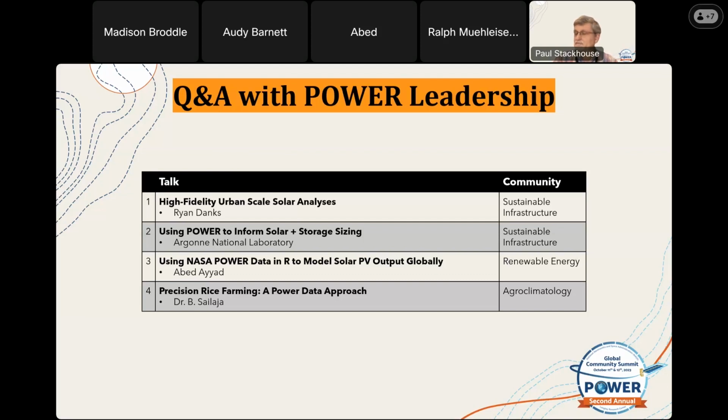Yes, Abed. So if I may, at least in the past, I haven't used this one in a while, but there used to be an optimal tilt for solar panels. And if I'm not mistaken, there seems to be some kind of uncertainty that's a function of latitude with this optimal tilt, so that it becomes a little bit less reliable when the absolute value of the latitude is about 40.